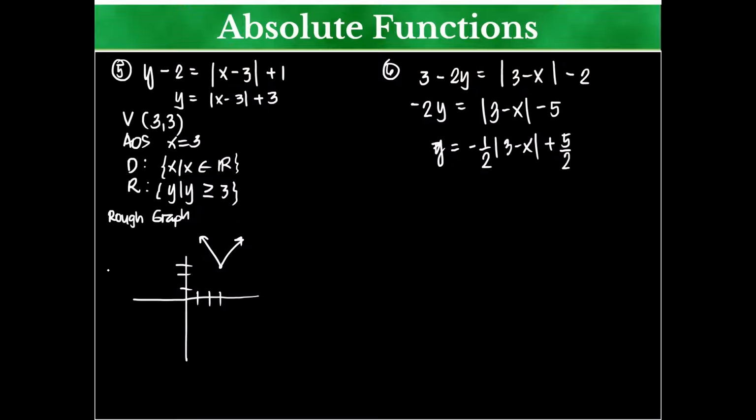Is it clear? Okay. So let's go for the vertex, the axis of symmetry, the domain, the range, and the graph. Give me the vertex, please. What will make the absolute value 0? 3. Very good.